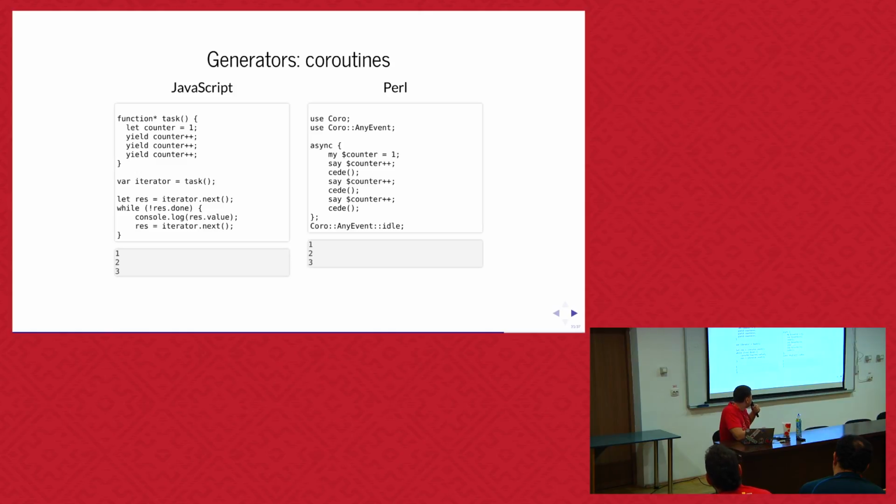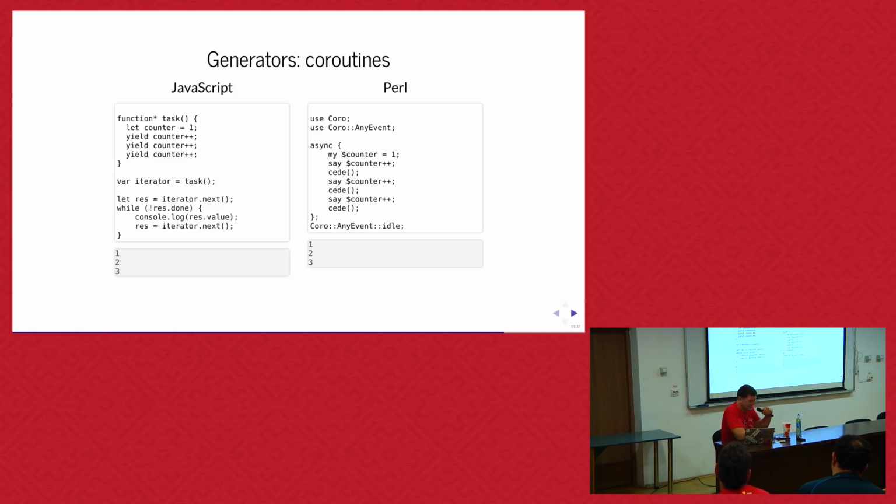So the whole program is a bit different because Coro has a cede function to get out of the current coroutine, and it doesn't return a value. So you can use global variables, or I possibly had to put a counter here, so it's probably just my example here. Okay, but it worked.